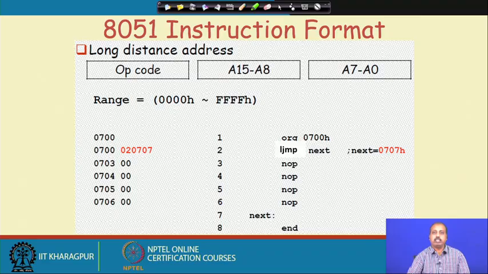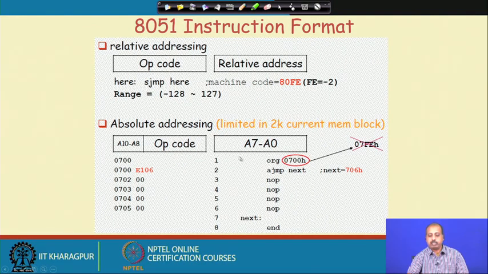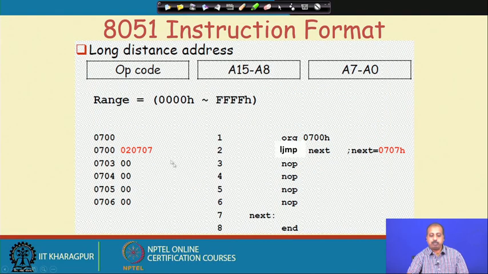We have the relative jump instruction specified as SJMP, and the absolute jump instruction specified by AJMP. The absolute jump instruction is a 2 byte instruction and the relative jump instruction is also a 2 byte instruction, but the LJMP instruction is a 3 byte instruction.